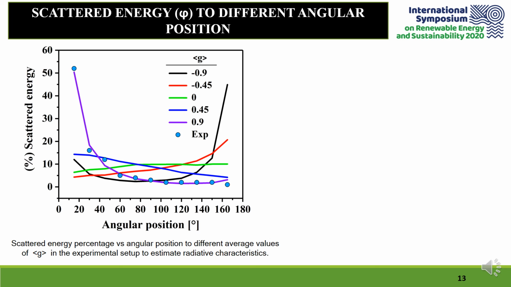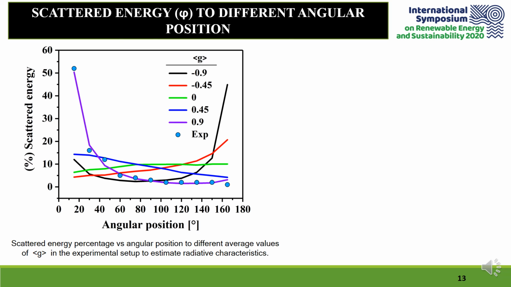Result of the symmetry parameter G of the phase function. The following figure shows the percentage of the scattered energy as a function of the angular position at different values of the symmetry parameter. It can be seen that the experimental measurements, represented by the blue circles, follow the trend of the profile of the percentage of scattered energy with a value of G equal to 0.9.